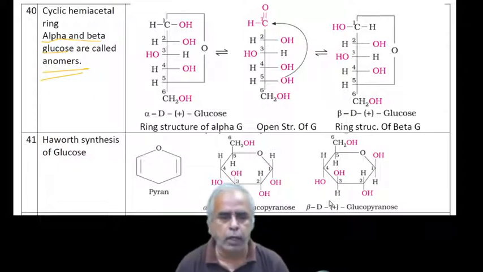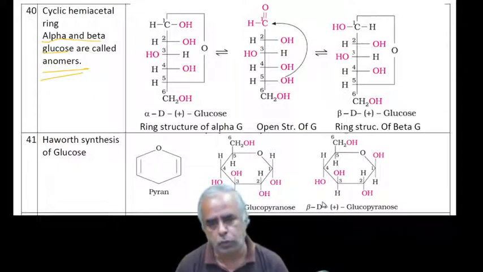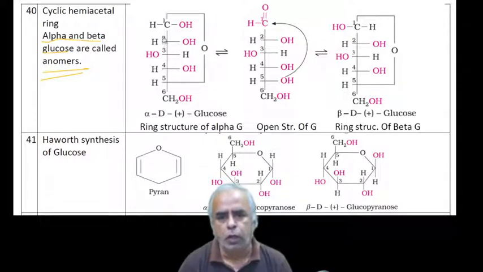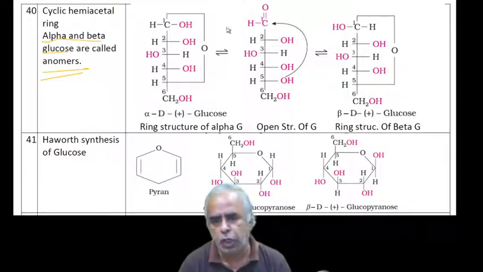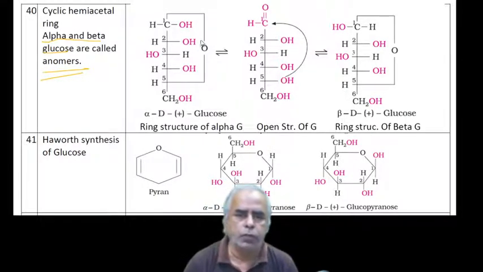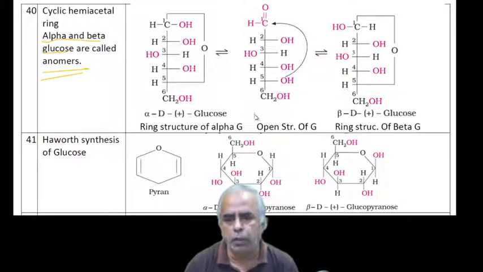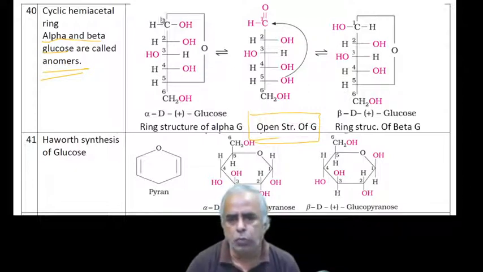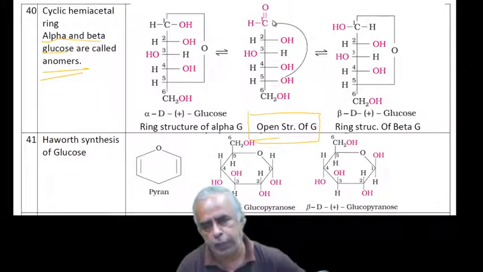So what are anomers? Alpha glucose and beta glucose. Now there is a change of structure from alpha to beta through this open structure of glucose. Alpha to beta, there is an anomerization. This kind of neutral rotation occurs at the potential carbonyl group, that is the aldehyde group.